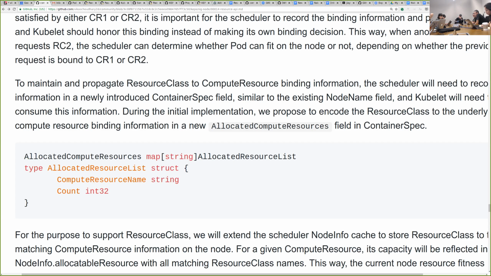So that's fine, but the biggest problem, at least in the previous design, I guess you were proposing to support a union of some compute resources and expose them as a new compute resource, if I'm not mistaken.